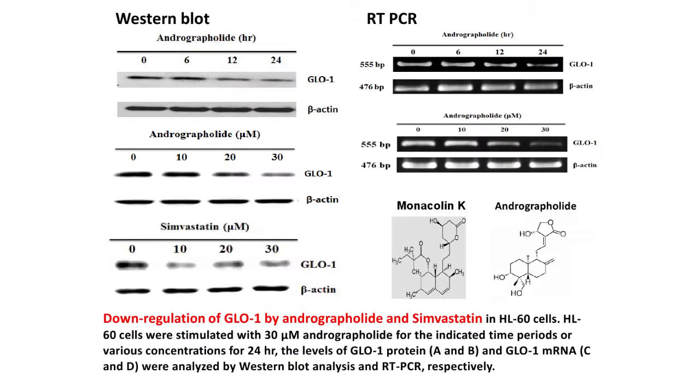Here is our data. A very popular curve. Later I have the picture. The slide shows our data: the compound from the herb inhibits the survival enzyme glyoxalase, the expression of this protein, and we use RNA to support our hypothesis.